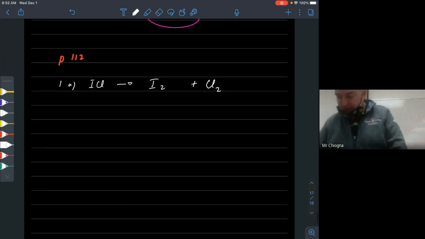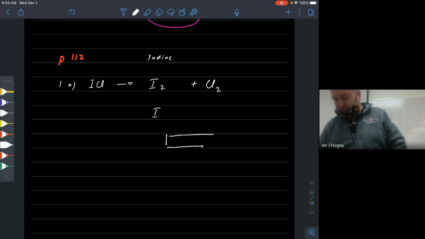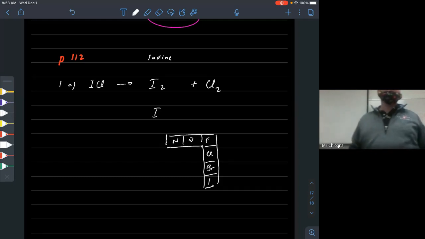So keep in mind, whenever you see the word iodine by itself, when it's written, it's not simply written I, it's written I2 because it's one of those special elements that comes in pairs, like NOF ClBr.